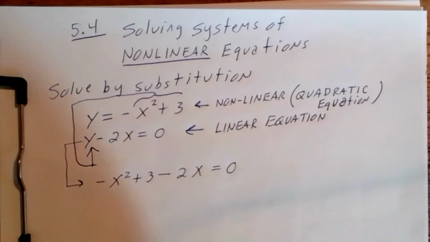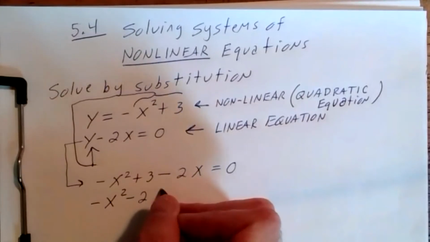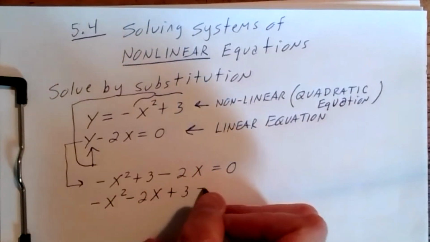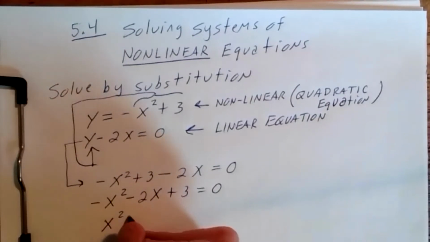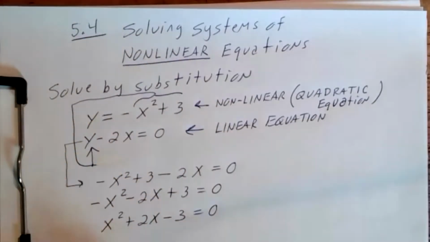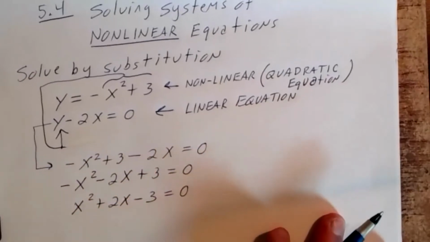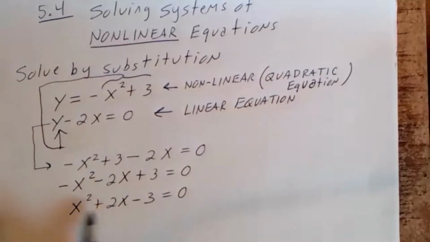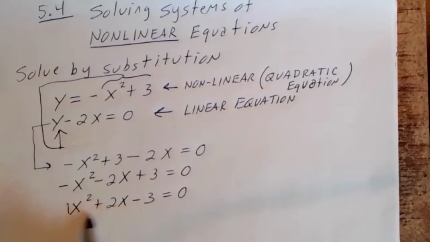To solve this quadratic equation, I'm going to rearrange my terms to force this into descending order. I'm going to multiply through by negative 1 to clear out that leading negative sign. Now this is the quadratic equation that we have to solve. Are we lucky enough to be able to solve it by factoring? Can I factor this trinomial here? Is this factorable? Yes.